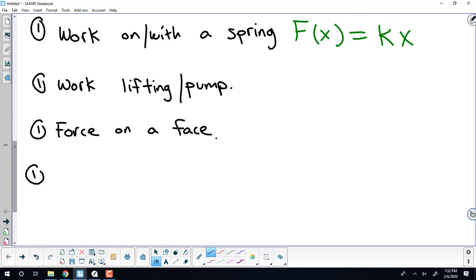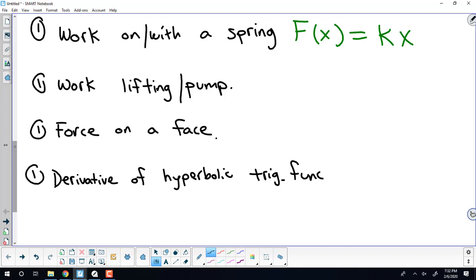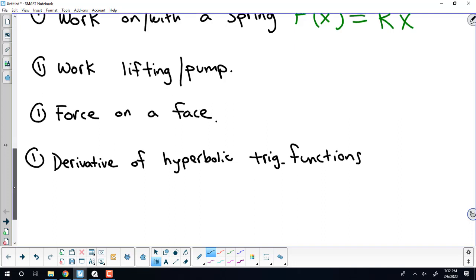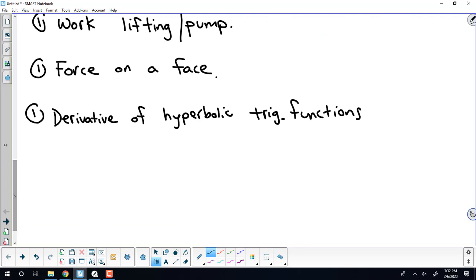Maybe also one question for derivatives of hyperbolic trig functions. Like I said, you should know the things that we boxed in red on Chapter 7's notes. And then there'll be two questions for antiderivatives with hyperbolic trig functions.